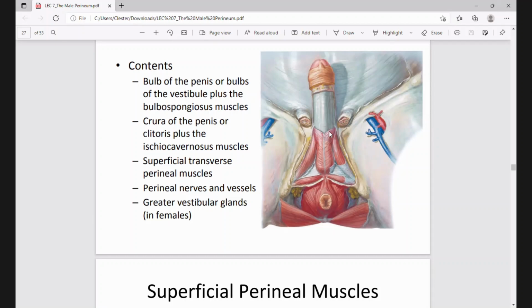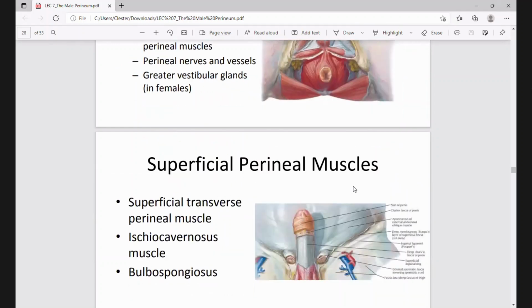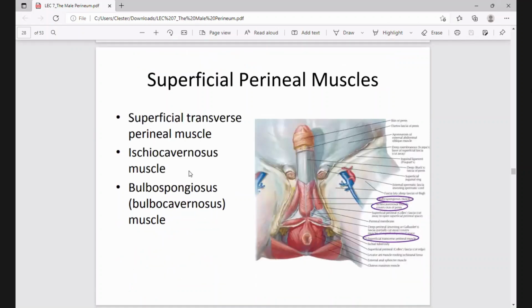Oh, by the way, in your manual, I think the Cowper's gland is misspelled. Check na lang. It should be spelled C-O-W-P-E-R, Cowper's, apostrophe s. So ito yung mga muscle that I mentioned, superficial transverse perineal. The bulbospongiosus muscle is the one that covers the erectile tissue.